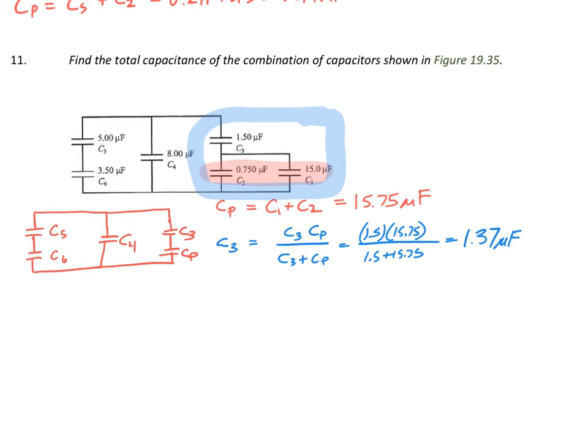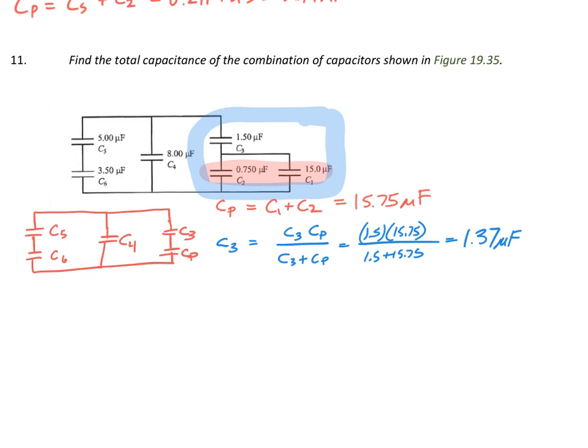So that first reduction, what I wrote in red symbolically, lets me replace that red parallel branch on the right with a single value capacitor of 15.75.